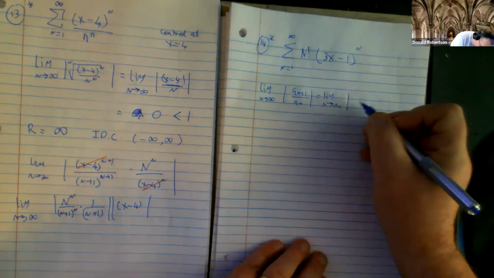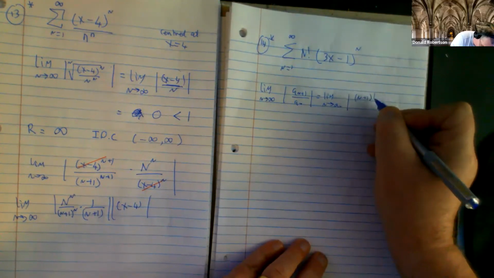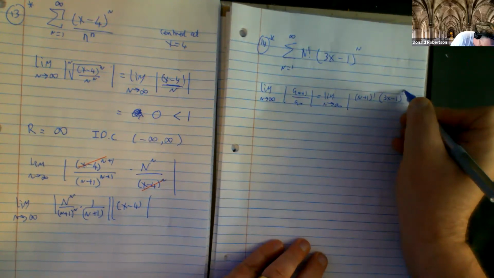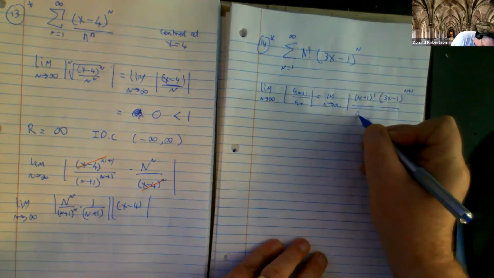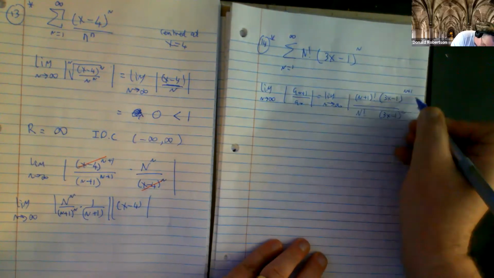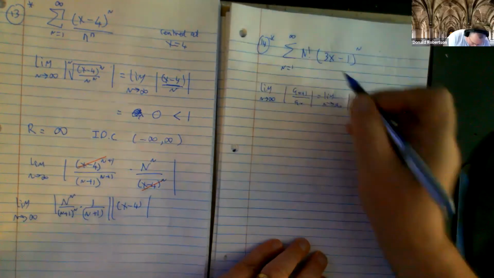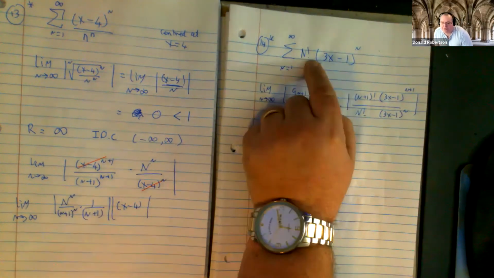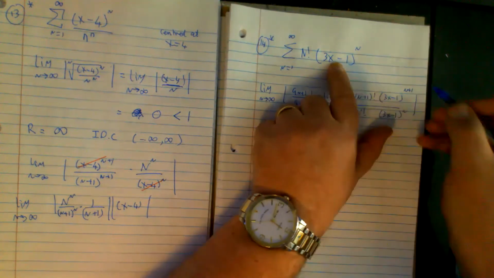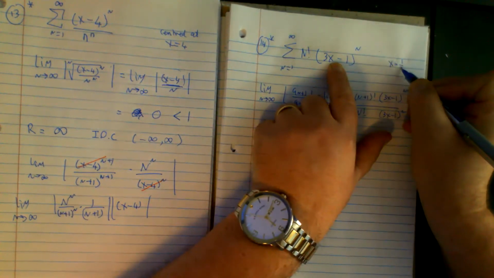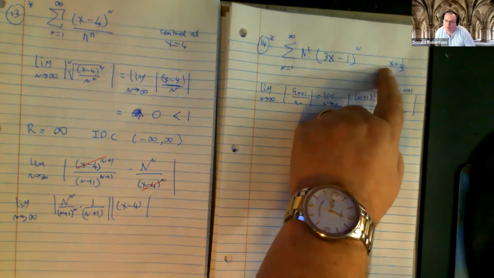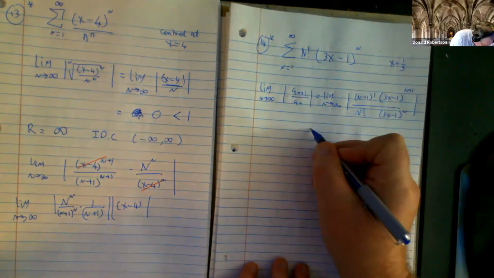So n plus 1 factorial, 3x take away 1 to the power of n plus 1, that's the top. And then an n factorial and a 3x minus 1 to the n on the bottom. Where is this power series centered? This is the Taylor series. Where is it centered? 1/3, right? Agreed. You agree it's centered at a third. Right, that's going to be important later.